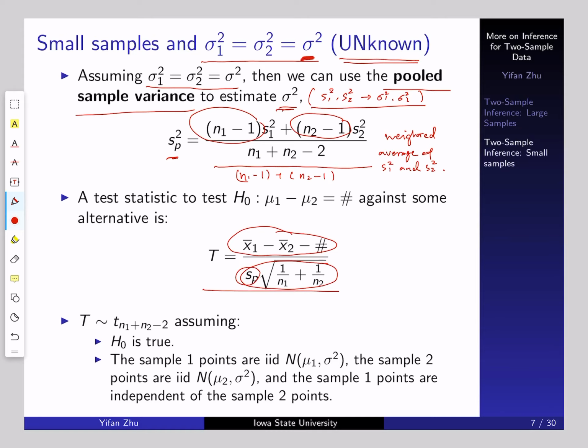In the denominator, we use the pooled sample variance. This is because we assumed that sigma 1 squared and sigma 2 squared are the same.